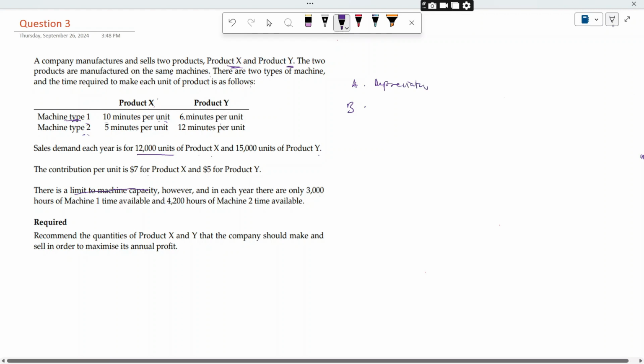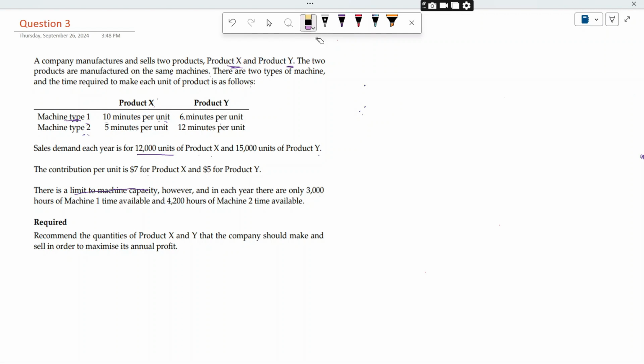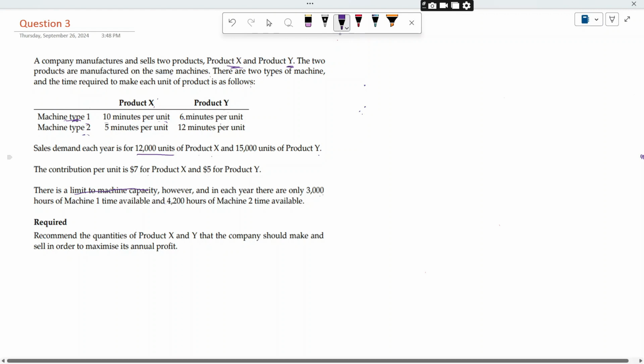So if you have depreciation, then machine B can be more efficient than machine A, or machine A can be more efficient than machine B. So the question is saying that there is a limit to machine capacity. However, in each year there are only 3,000 hours of machine type 1 time available, and 4,200 hours of machine type 2 time available.